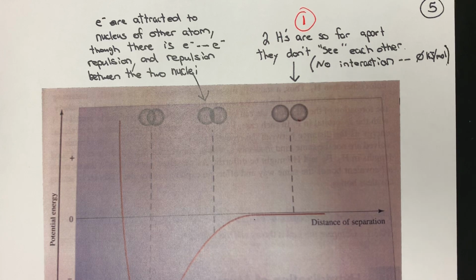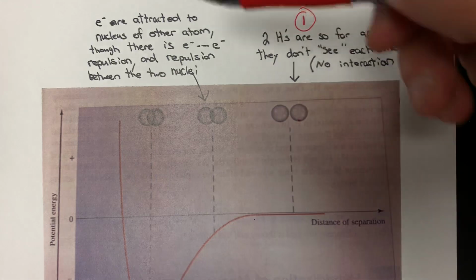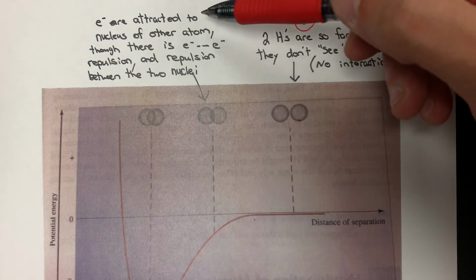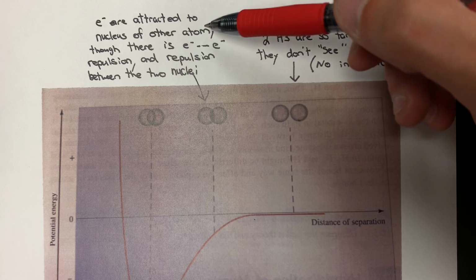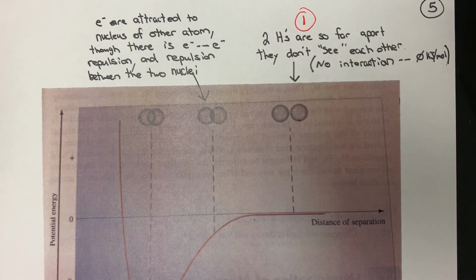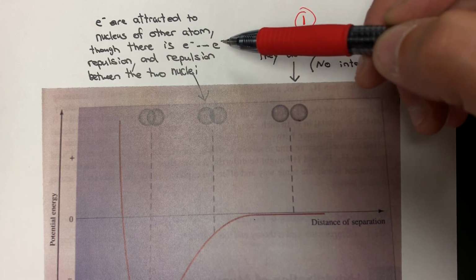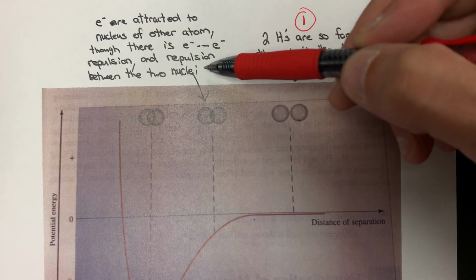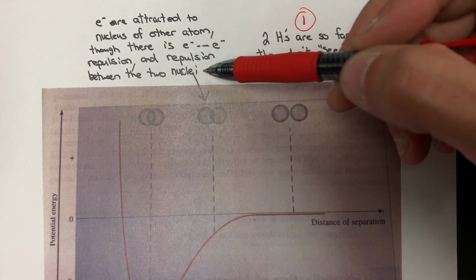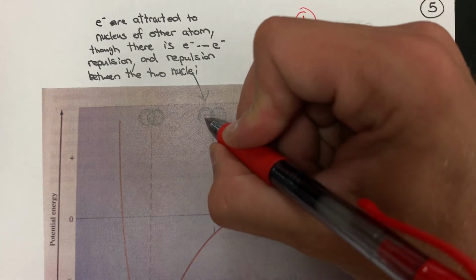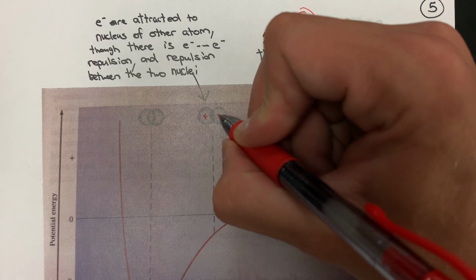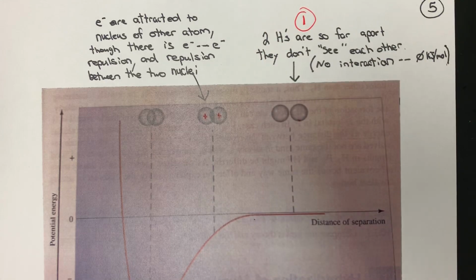As these two atomic orbitals, these s orbitals, and subsequently the hydrogen atoms come closer together, the electrons of one atom are going to be attracted to the positively charged nucleus of the other atom. Okay, so while there's going to be some electron-electron repulsion between the two separate atoms, and also some nuclear repulsion, right? The protons of one nucleus are certainly going to be repelled by the protons in the neighboring nucleus.